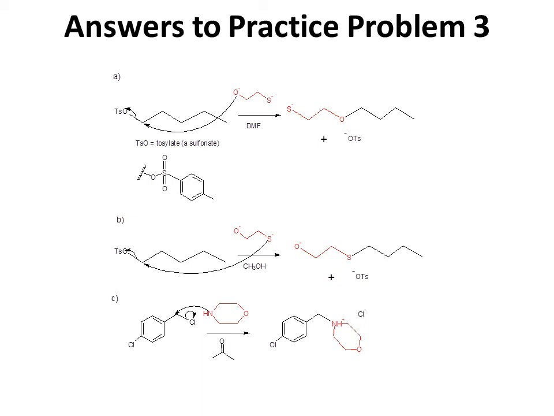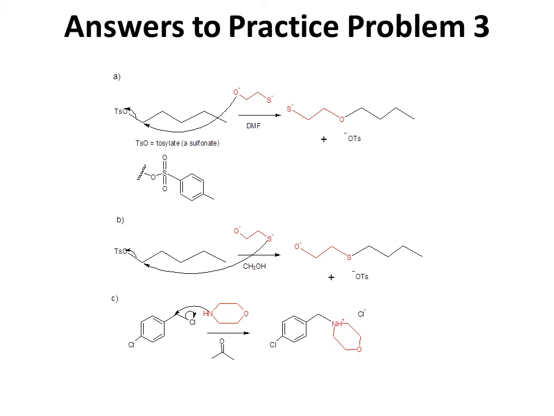That's an aprotic polar solvent. So that means that since oxygen and sulfur are both in the same group, group 6, and we're in an aprotic polar solvent, we want to pick the more basic atom, which is oxygen, to be our nucleophile. So oxygen anion displaces tosylate and forms our product.